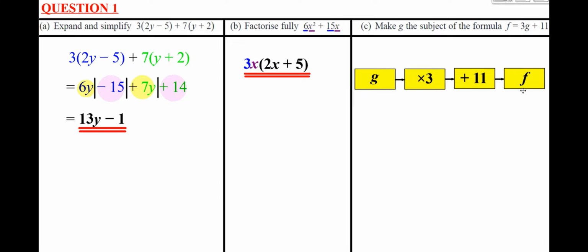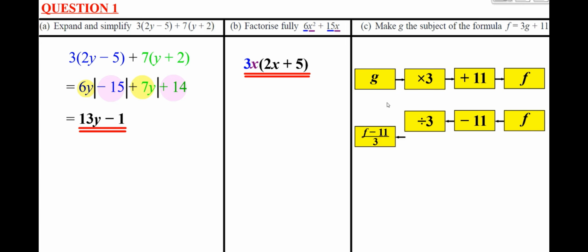We can now reverse each and every step to get back to what g was in the first place. So if we start from this end with f and go the opposite way, we're going to do the opposite things each time. So we start with f, now we're going to subtract 11 because we're going back, so we have f minus 11. The next step, instead of multiplying by 3, we'll do the opposite and divide by 3, and that gives us g.